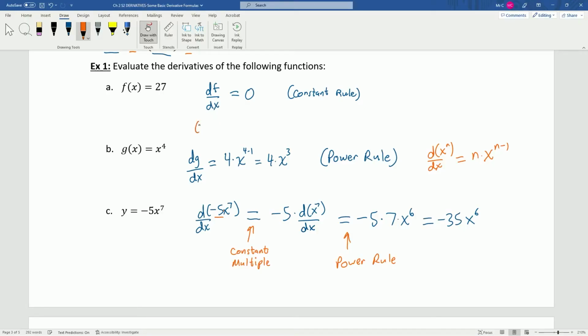So here, I might say that 27 prime equals 0. Or x to the 4th prime equals 4x cubed. Here I might say negative 5x to the 7th prime equals negative 5 times x to the 7th prime, which equals negative 5 times 7x to the 6th, which is negative 35x to the 6th.